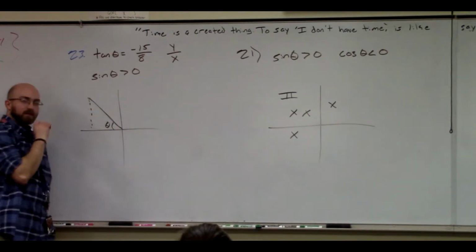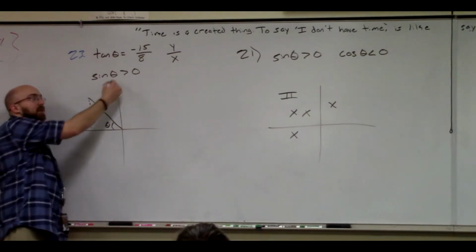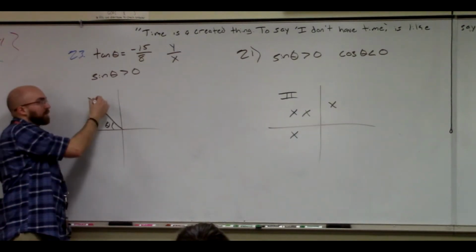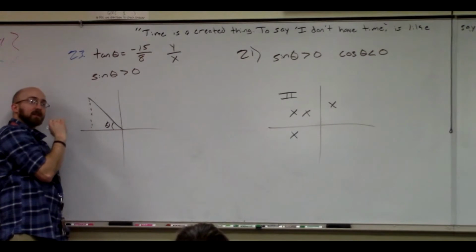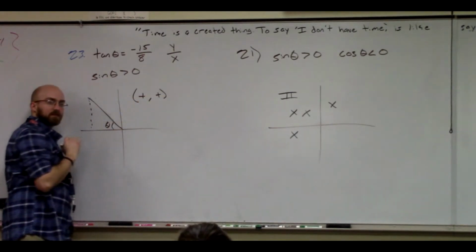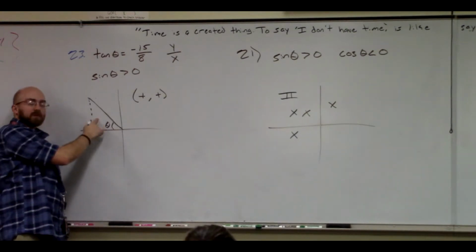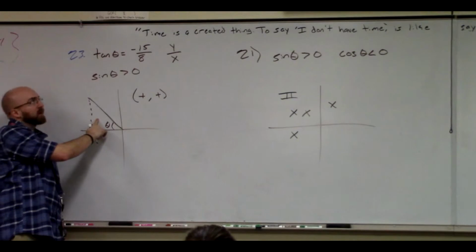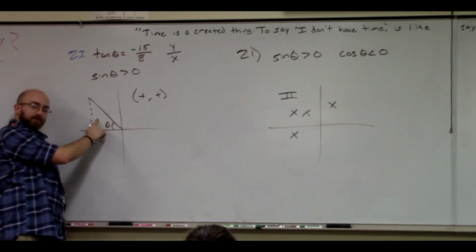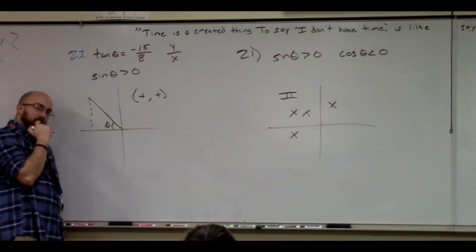Sine is greater than 0, and that only happens in these two. Tangent's negative. This one's composed of plus and plus. So tangent's y over x. Which one should be negative, y, 15 or 8? The 8.